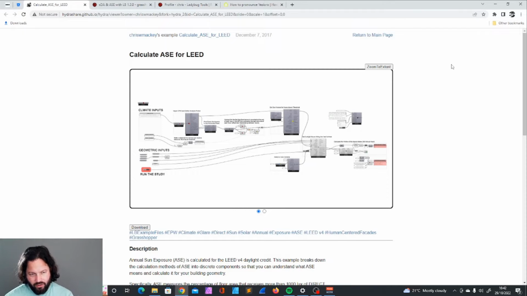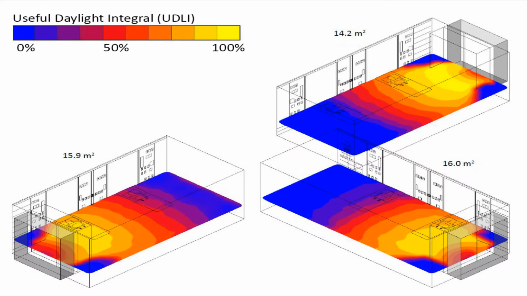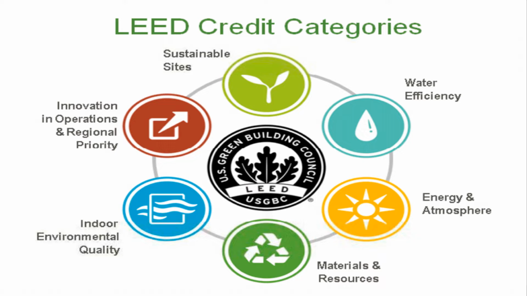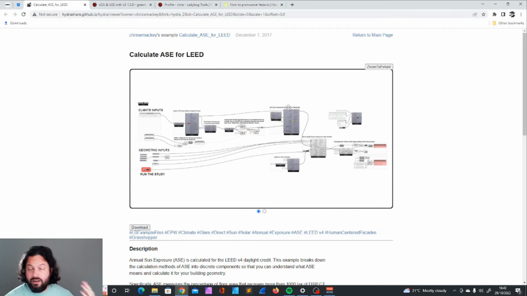I'm critical though, because I feel it gives you some idea of the problem, but I think there are better tools out there which can tell you more. Nevertheless, sometimes you can't avoid it because you actually need that specific calculation. Now, there are two scripts out there. One is from Chris Mackey, the master himself.